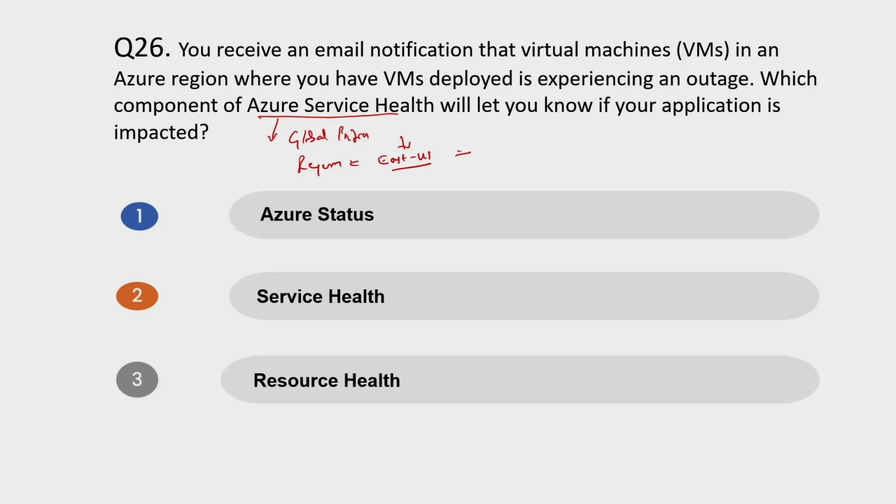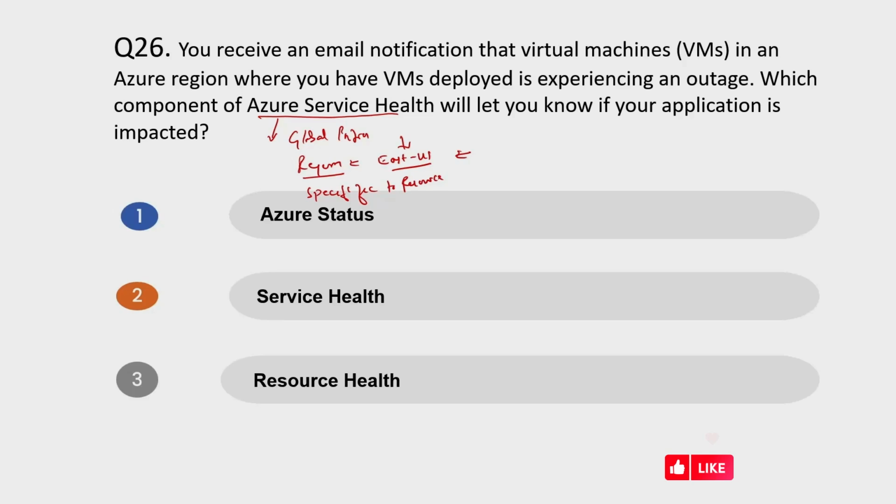We will be able to create alerts also using Service Health. It is going to provide status information about the services or resources we have deployed, specific to the resources.